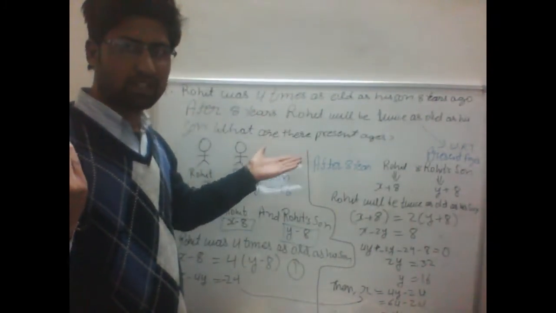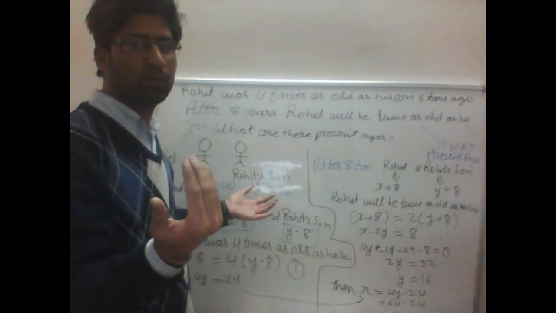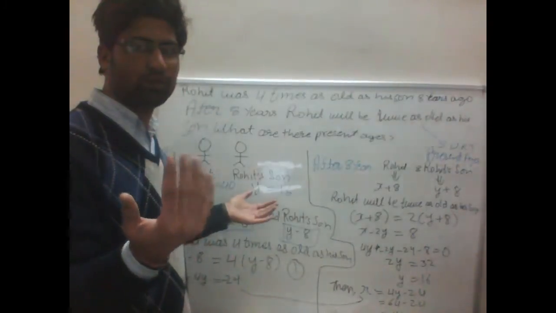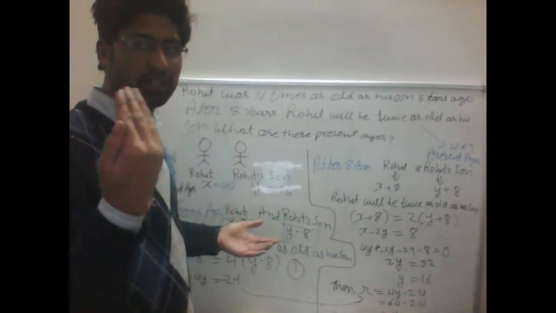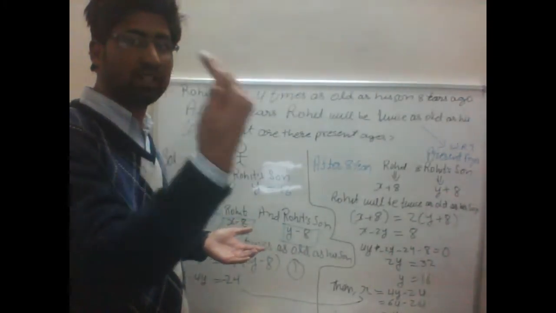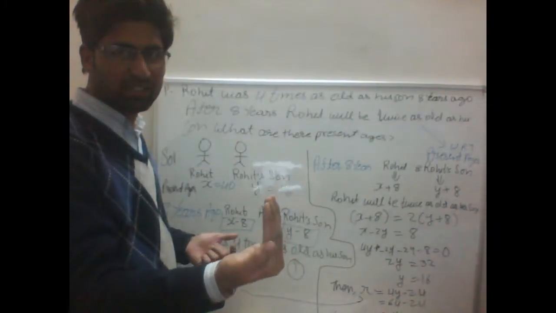Now in the very next line it's asking after 8 years. So don't you think that you are getting confused? First we have traveled how much? We have traveled 8 years back. Now after 8 years, it means present age, isn't it?